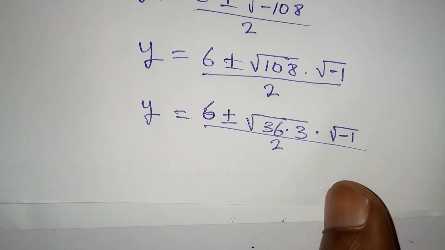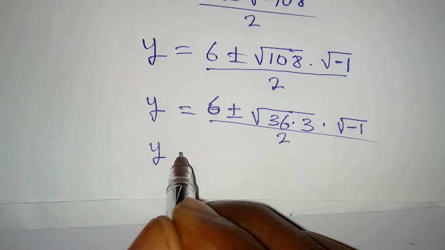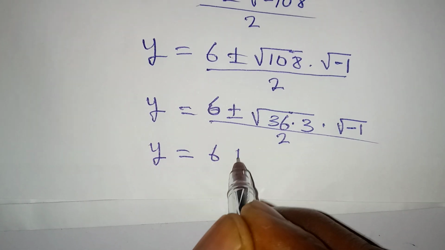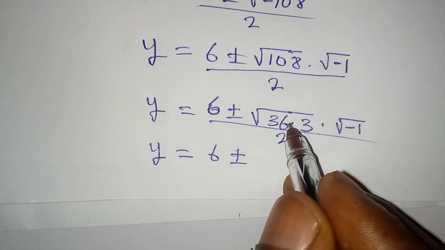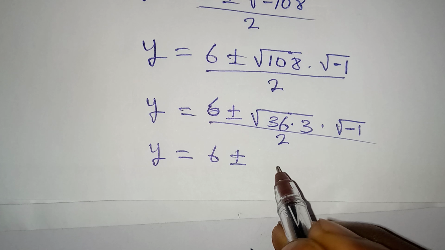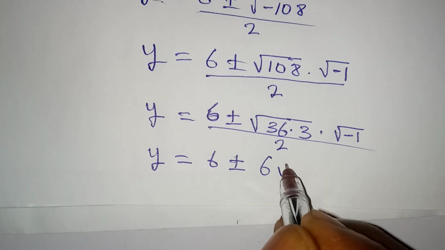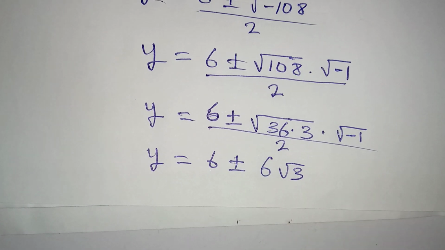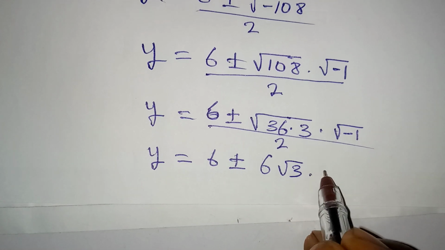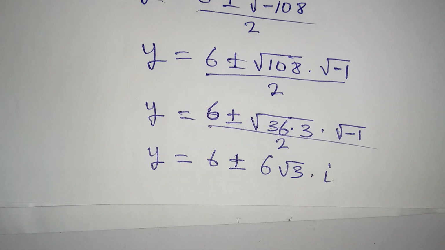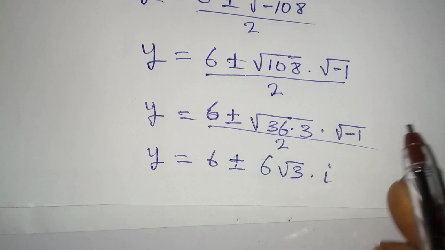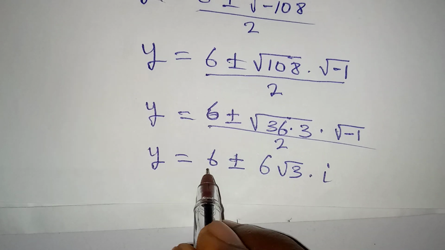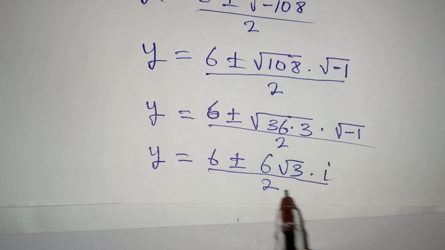To continue with this, we have our y to be equal to 6 plus or minus the square root of 36, which will give us 6. Then we have root 3. Then we have the square root of -1, and it's i, right? So the whole of this will be over 2.